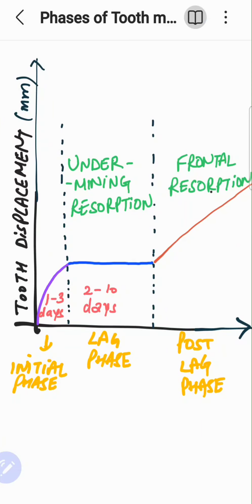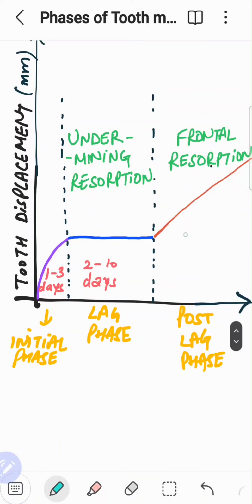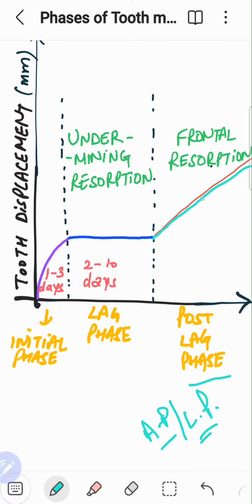And we can see this in the graph itself, that the tooth displacement is more as the hyalinized area has been cleared away. So this is the post-lag phase. That is why this is called the acceleration phase or the linear phase, because here the tooth movement is more, which is linear in action, or accelerated after the clearing of the hyalinized area.